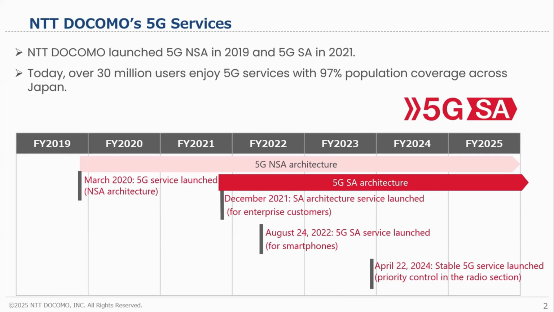And then we also launched 5G SA in 2021. As of today, over 30 million users enjoy 5G services with 97% population coverage across Japan.